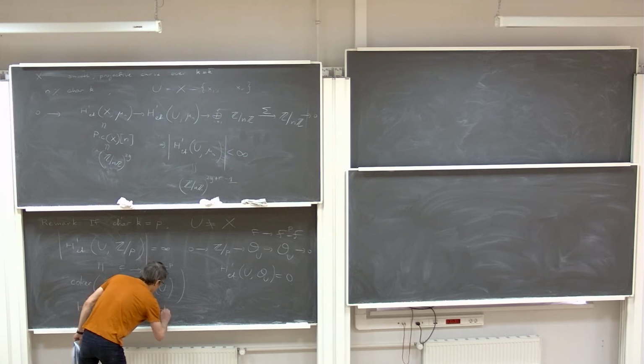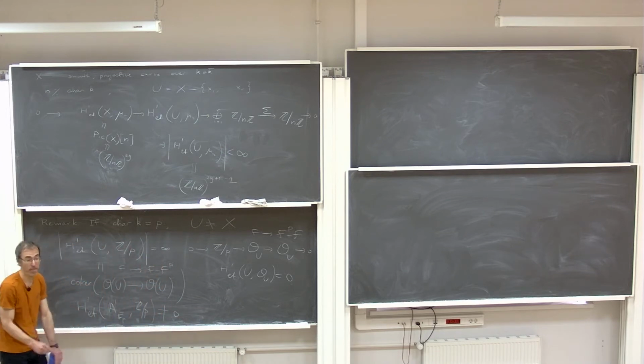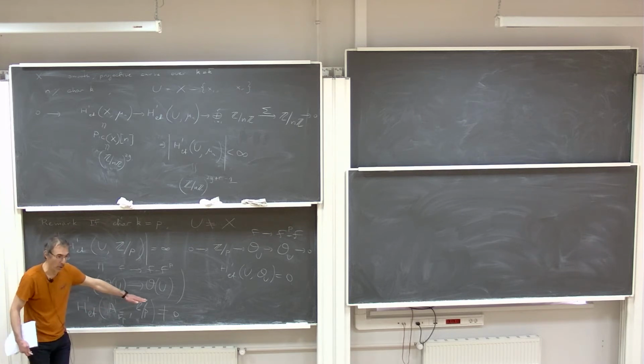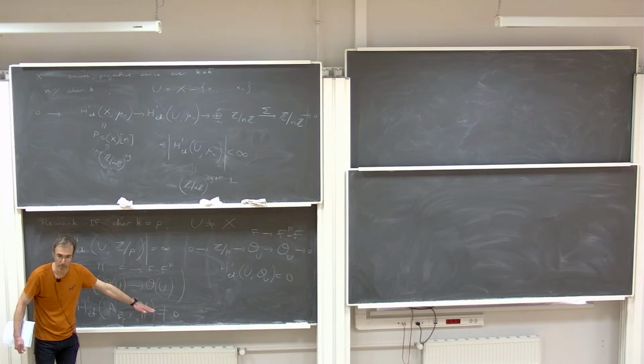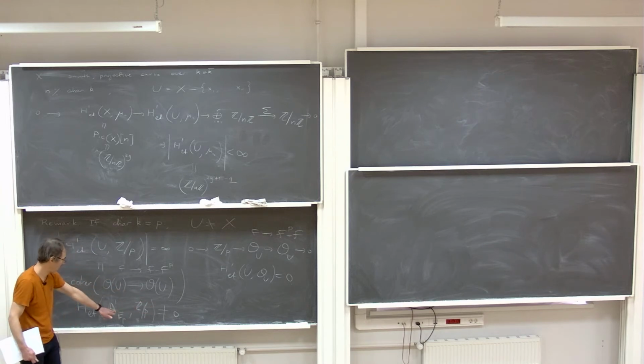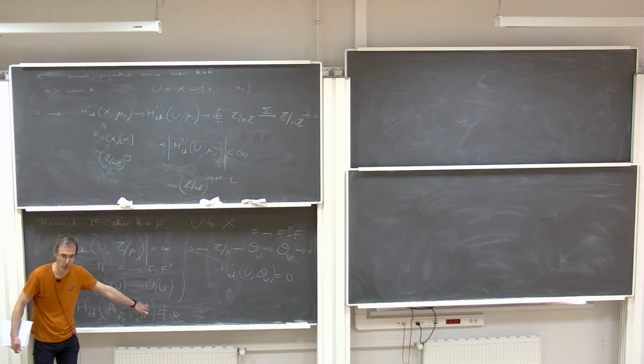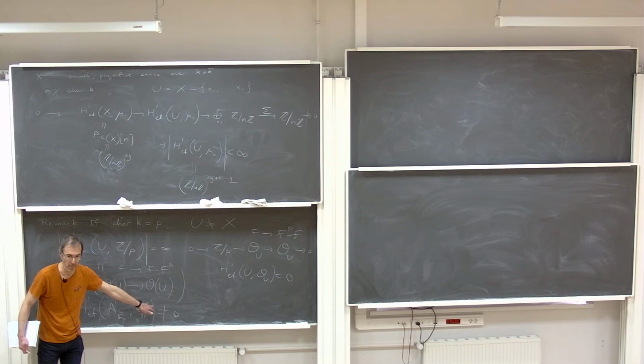So it's non-zero in particular. This is a bad sign. So this shows that étale cohomology of schemes in characteristic p with Z mod pZ coefficients does not behave well.